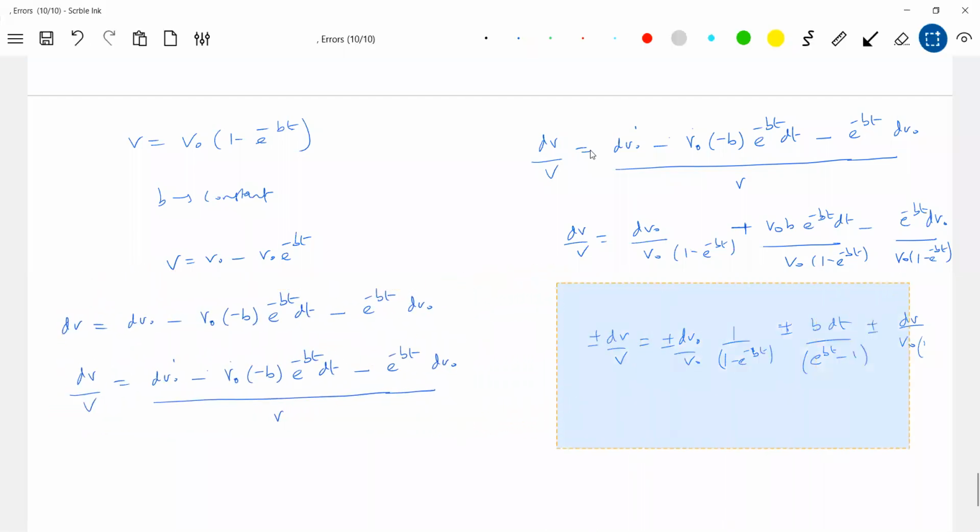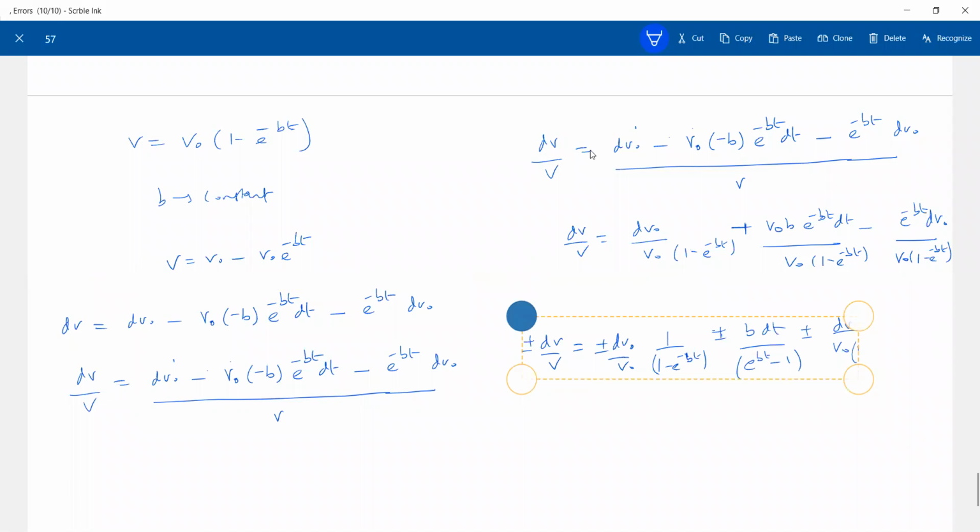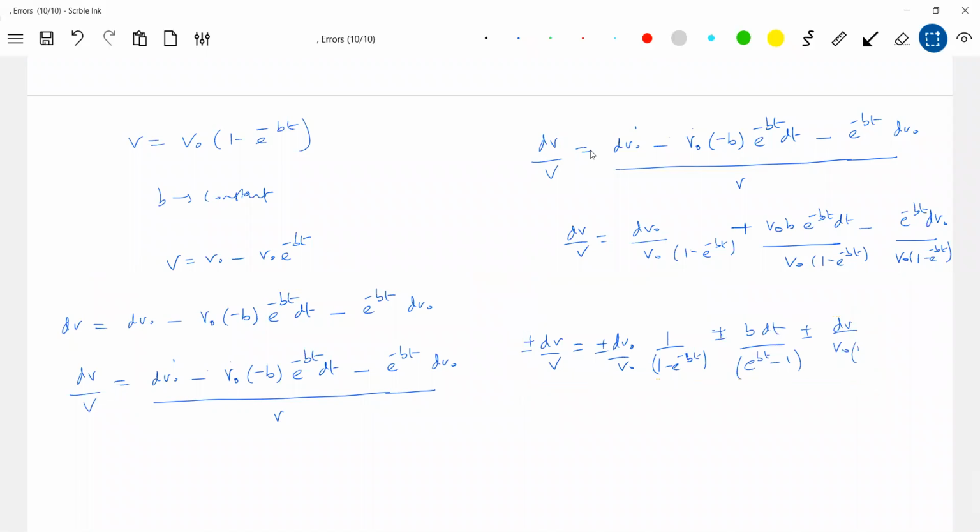I'm showing this for all things, not just addition and subtraction. For any mathematical operation, I'm trying to give the answer. That's what I'm trying to do here: dv naught by v naught. Check it. This should be ours.